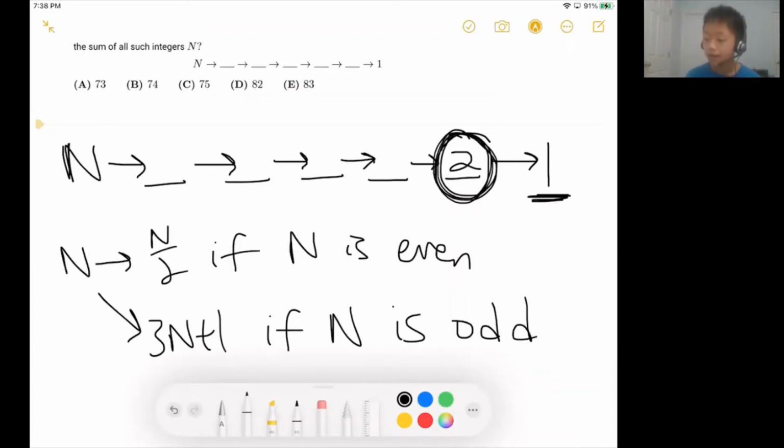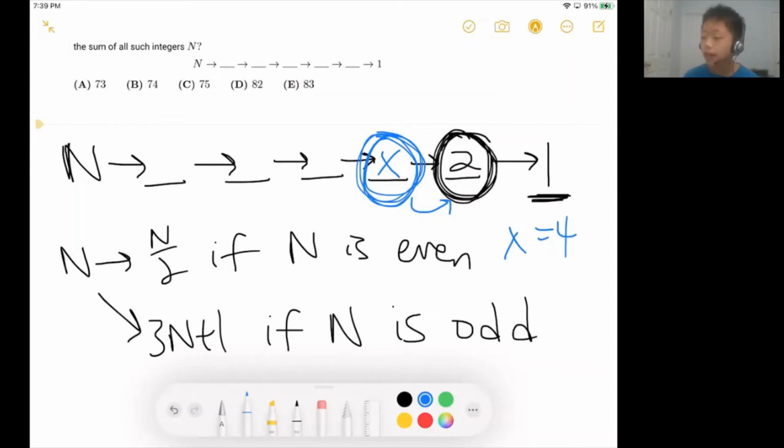Now let's look at the third to last number, highlighted, circled in blue. If we put this blue number into the machine and it outputs 2, what can it be? Let's call it x. If x is even, then clearly x can equal 4, because 4 divided by 2 gives 2.